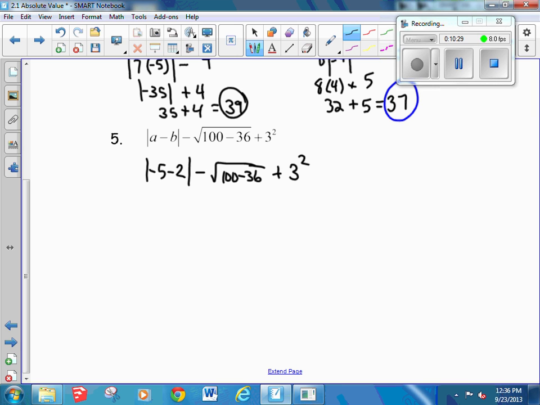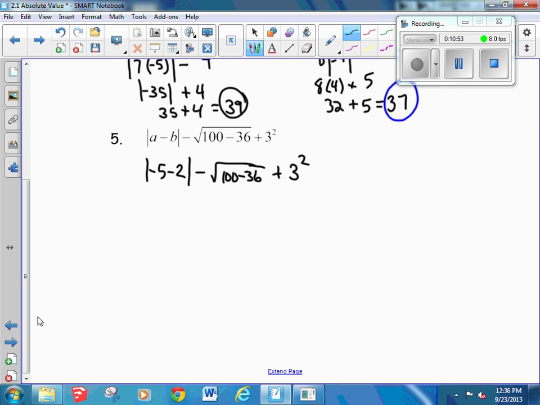Now, you know in the order of operations we have parentheses? Well, that's really grouping symbols. Any grouping symbols, you do what's inside of it. Then exponents, then multiplication or division, then addition and subtraction. These absolute value symbols and this square root really are grouping these numbers together. They're like grouping symbols. So we have to do what's inside both of them first. That's the highest on our order of operations.